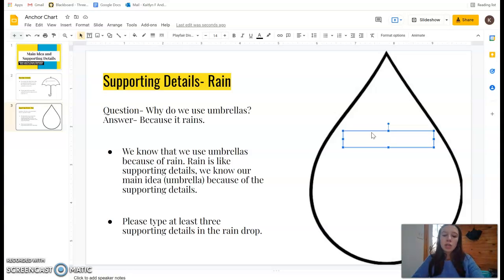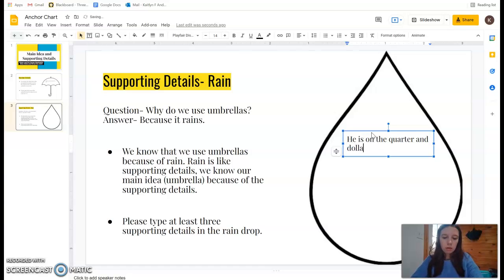So I know that he is on the quarter and $1 bill. There's a monument named after him. And his face is carved in the side of a mountain.